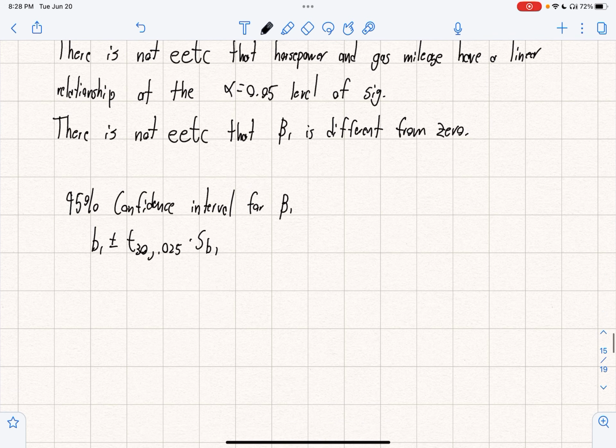Our estimate for B1 was negative 0.0682. That is our slope coefficient. Plus or minus our critical value of T. Recall that was 2.042 times our standard error, which was 0.0563.